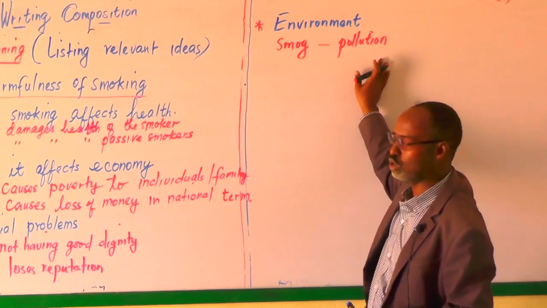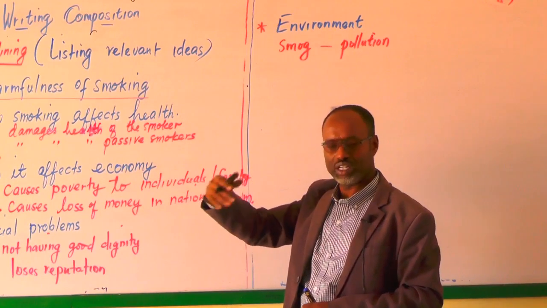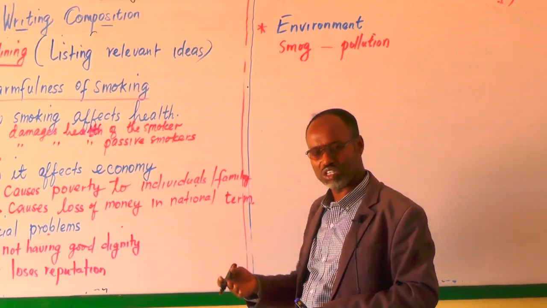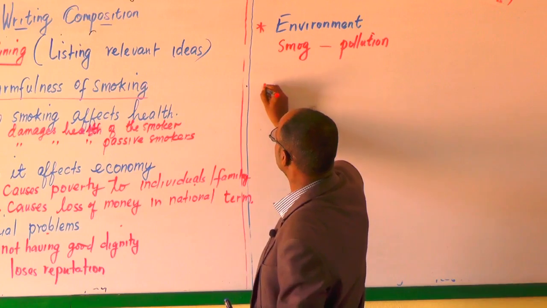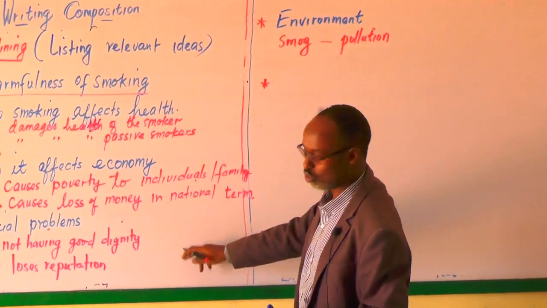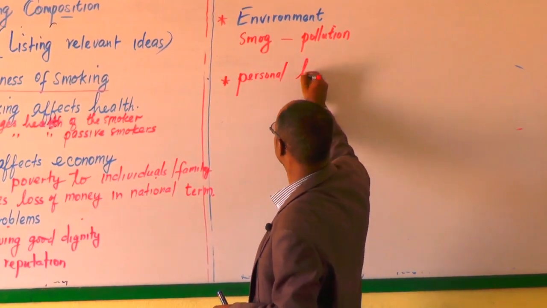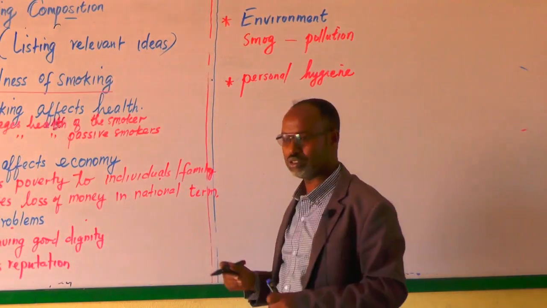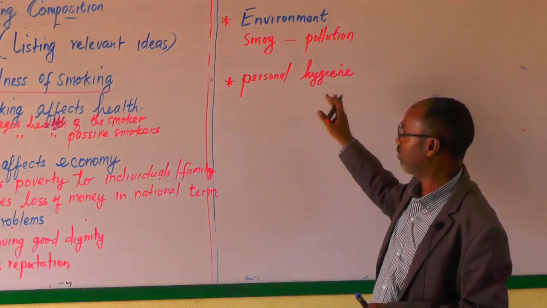And what's more, when cigarettes are dropped everywhere, a lot of animals come, the water becomes contaminated, everything becomes what? Contaminated. Then there is personal hygiene. The cigarette also affects your hygiene when somebody comes close to you.